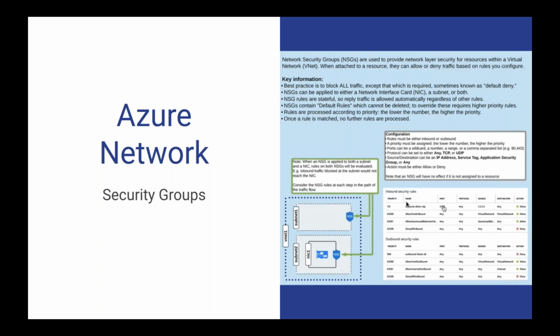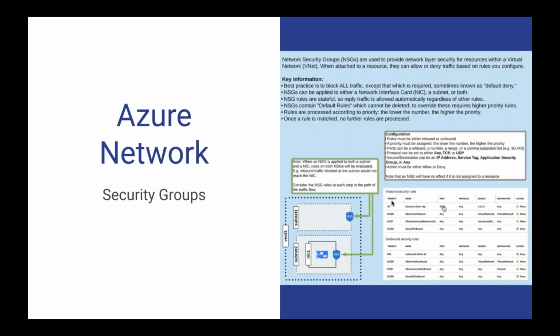They have something called default rules, and they cannot be deleted because these are required for Azure to maintain the access control. So you have to let them keep these default rules, but you can overrule them. Whatever the default rules are, you can overrule them with the help of something called priority.